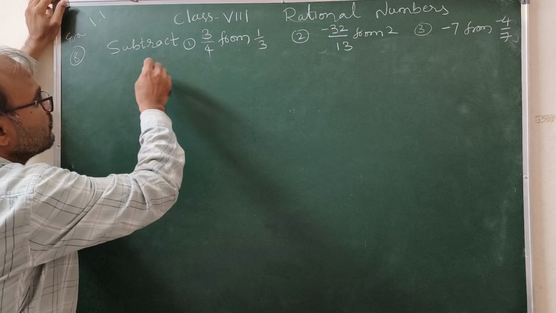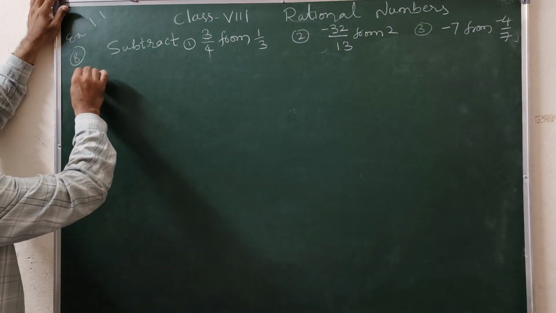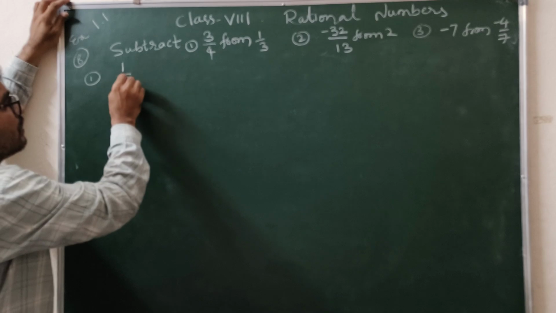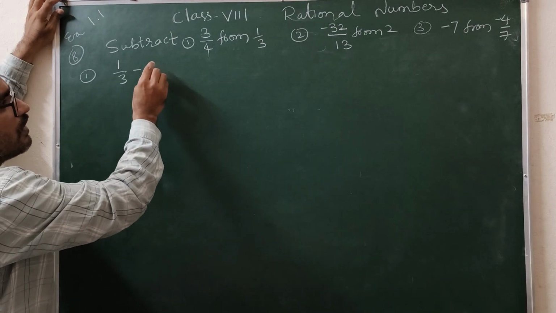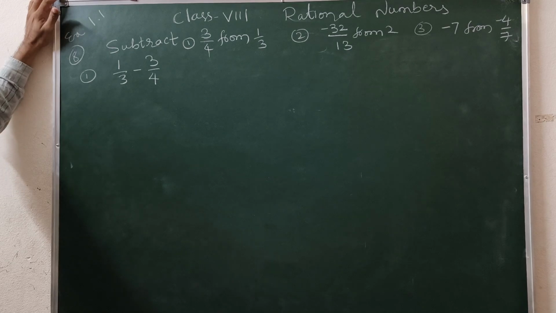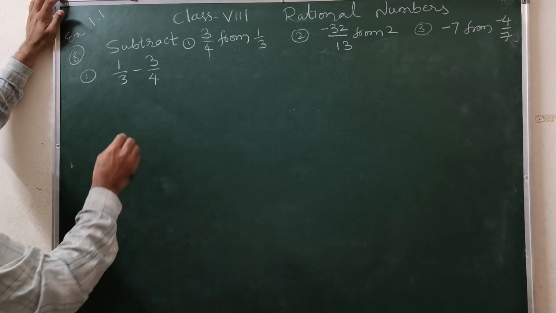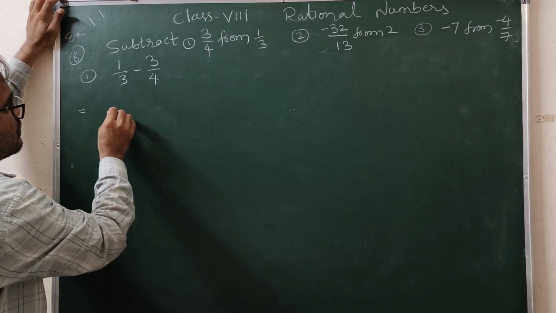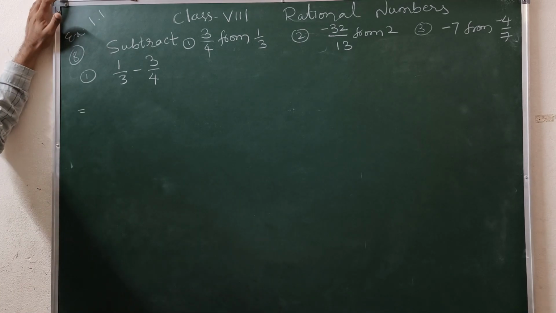From means, first of all, write the number 1 by 3. So from 1 by 3, subtract or remove or take away 3 by 4. Right? Now, again, what has happened? To simplify this, denominators must be the same.